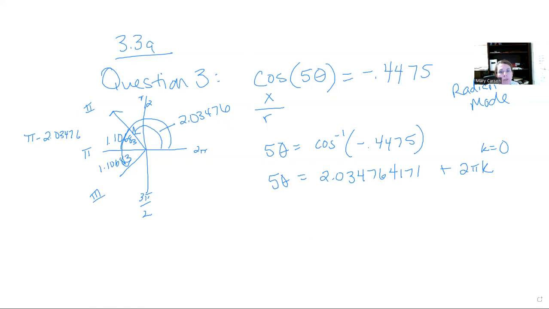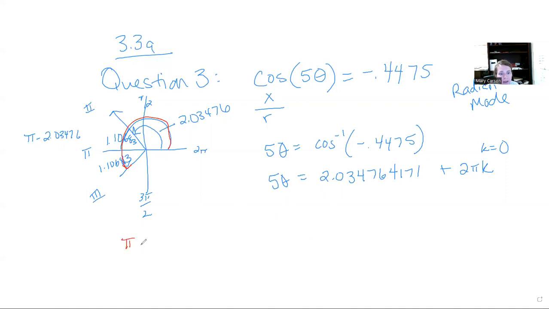Now if you want to find the total from here to here, you could either add these three up, or you could just take your pi and add that 1.10683, and that's going to give you our other angle measure.